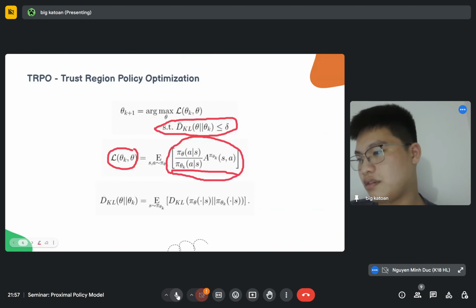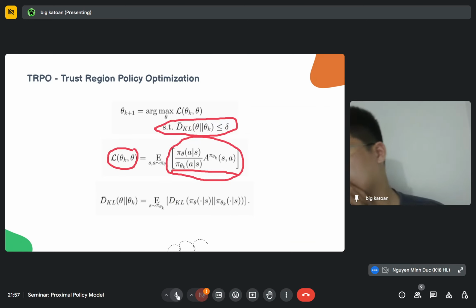Yeah, TRPO. So we only update the theta k plus one with the constraint. So does the constraint define the trust region? Trust region, hmm, for the theta, and we only compute the theta that satisfies the constraint with the theta k.